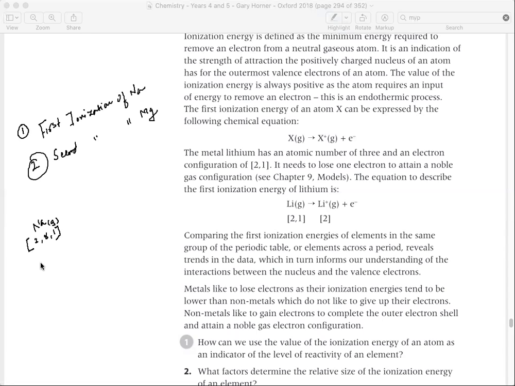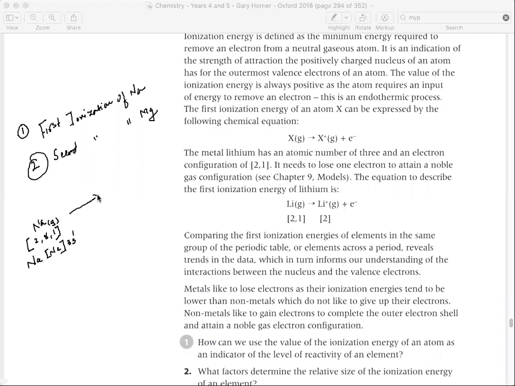Yes, that is the outermost. 3s1 is outermost. Yes, it's [Ne]3s1, good. It is neon core, 3s1. So whichever way you are comfortable, you can write the electronic configuration either in this pattern or with the orbitals also.